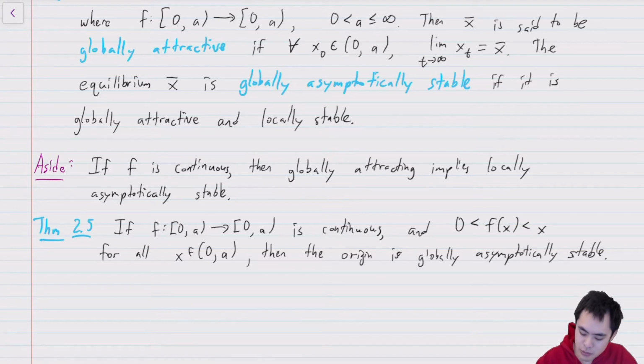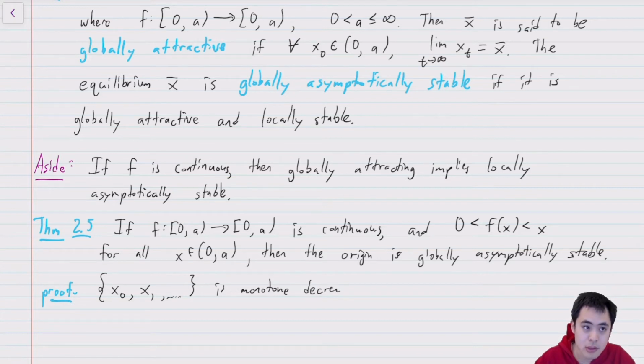Okay, and the proof of this is pretty straightforward. So x0, x1, and so on is monotone decreasing and bounded by 0.